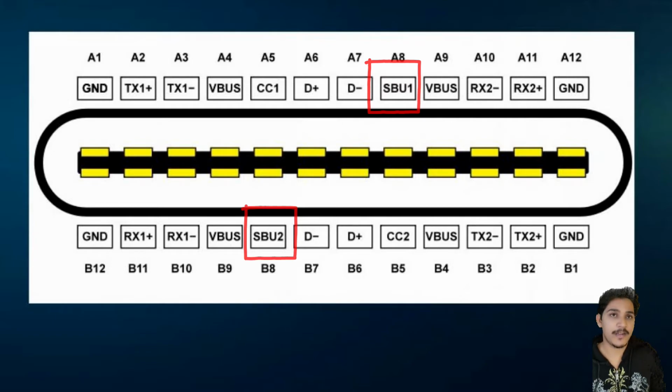So sideband SBU1 and SBU2 are very essential for supporting these alternate modes. They'll transfer some kind of data, but it highly depends upon the configuration done by the vendor.